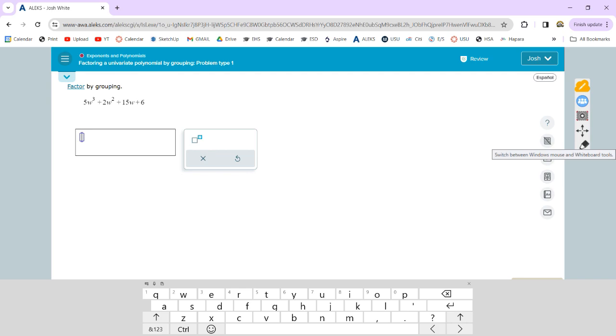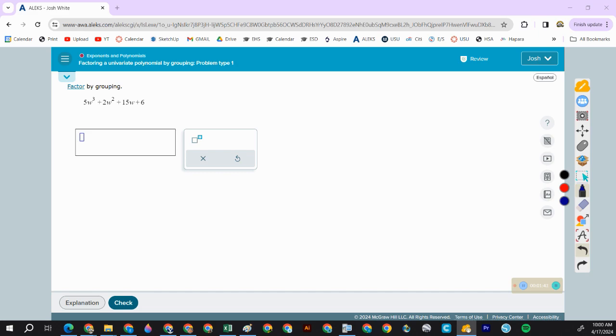But if you have a w to the third and it has 4 terms, then we can try factor by grouping. So I group the first 2 together and the second 2 together. And I need a common term in both of those. What does the first one have in common?